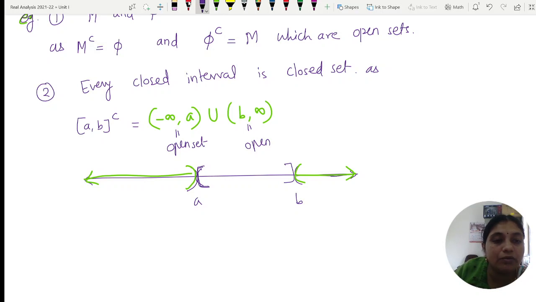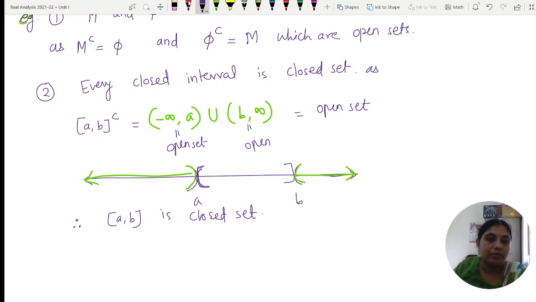So the complement of this closed interval [a, b] is open, which is an open set. Therefore, the closed interval [a, b] is a closed set. Okay.